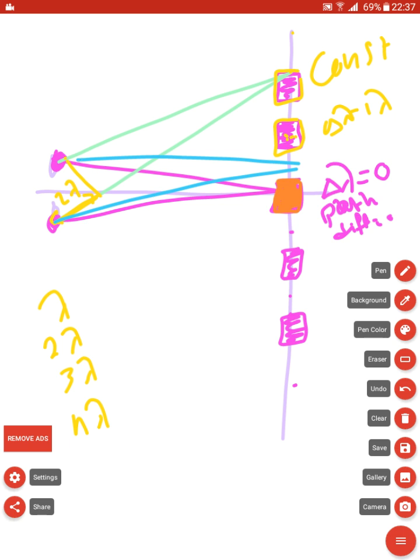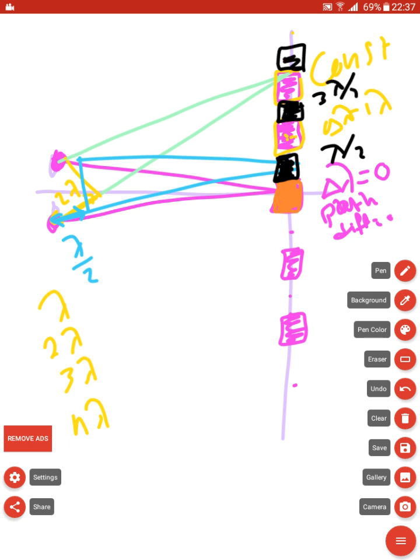Now, the difference between the first and second ray is lambda over 2, which is half a wavelength. So here we will have a dark region because the difference is lambda over 2.